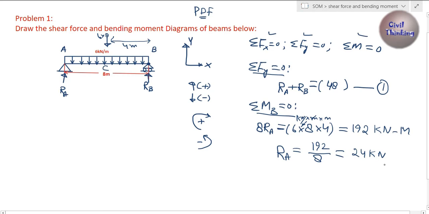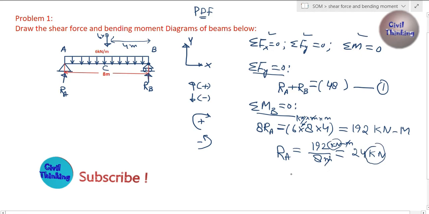Now why is it kilonewton? This 8 is the length, basically 8 meter, and this is kilonewton meter. Again meter and meter cut, so we only get kilonewton here. Anyways, all of this gave us a reaction at A to be 24 kilonewton.